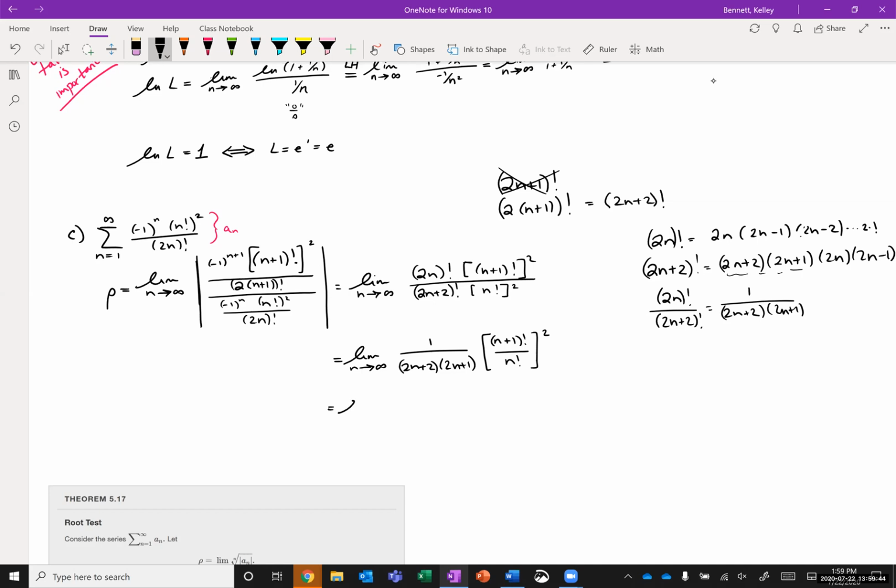So this is the limit as n goes to infinity of (n+1)² over (2n+2)(2n+1). And just as a polynomial of equal degrees, this is going to be 1/4, which is less than 1. So we know that our series converges absolutely.